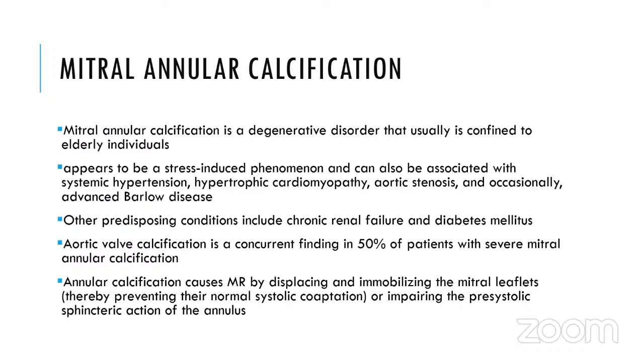It is found that about 50% of patients with mitral annular calcification have aortic valve calcification, and annular calcification usually causes MR by displacing and immobilizing the mitral leaflets, which prevents their normal systolic coaptation, or it can impair the presystolic sphincteric action of the annulus itself.